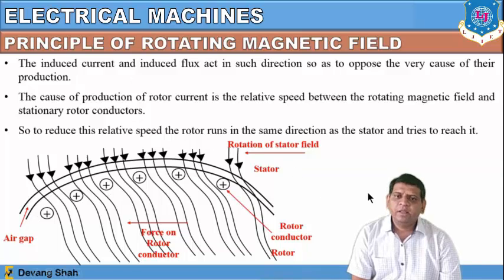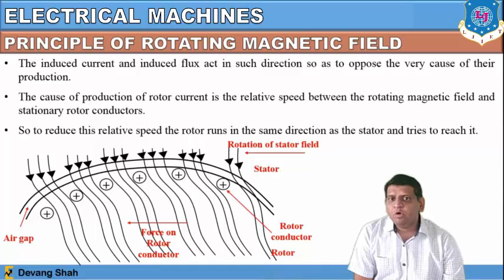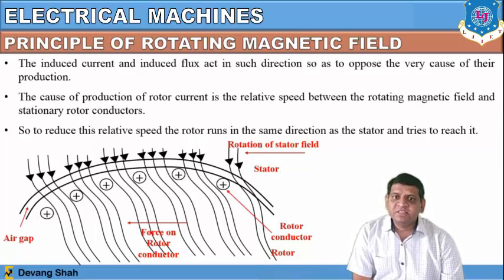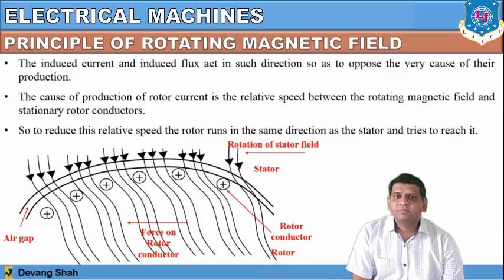Ultimately the rotor follows the speed of the rotating magnetic field but never attains it; if it did, the flux cutting would become zero. So in a three-phase induction motor, always remember that the synchronous speed ns is always greater than the speed of the rotor.